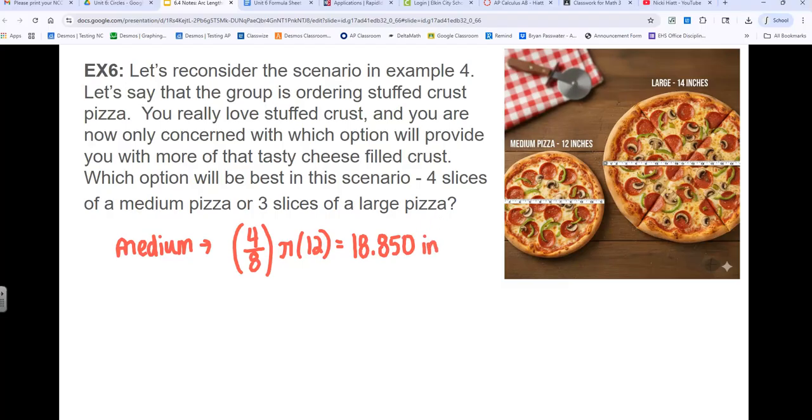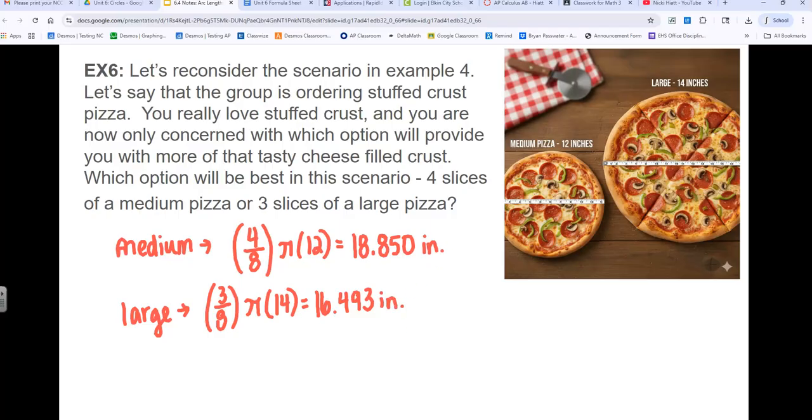And for the large, I will only get 3 slices, so I have 3 out of 8. And then I'm going to do pi times the diameter, which is 14 there. And so if I multiply all that together in my calculator, I'm going to get 16.493 inches.